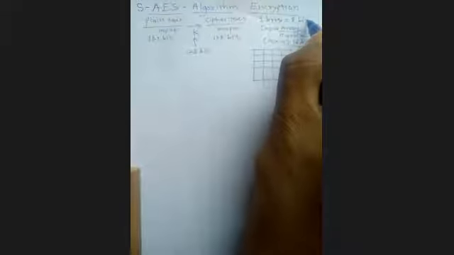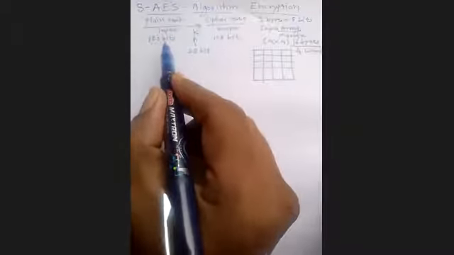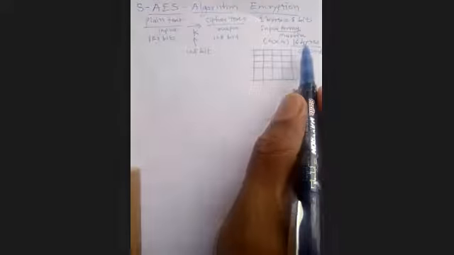Now already you know, 1 byte is equal to how many bits? 8 bits. And here I have taken 128 bits as my input plain text, and that plain text I have converted to 16 bytes, and that is the word form.